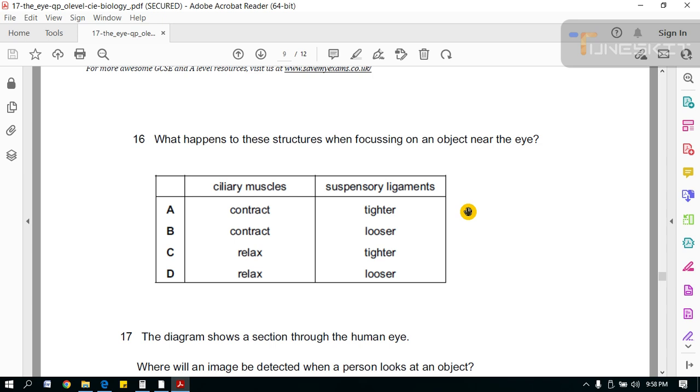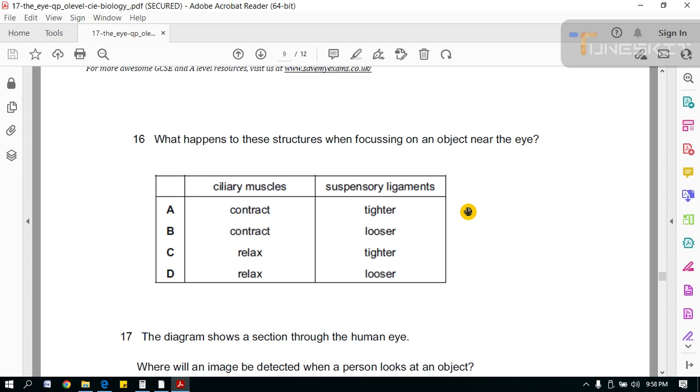Definitely the ciliary muscles will contract. When ciliary muscles contract, the suspensory ligaments will become loose. So ciliary muscles contract and suspensory ligaments loosen. So here option B is correct.